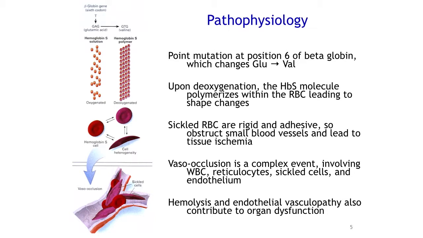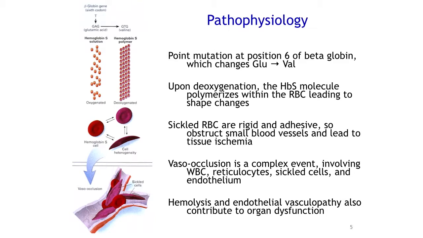And so we have valine represented instead of glutamic acid. That point mutation is what later on causes all these other abnormalities.